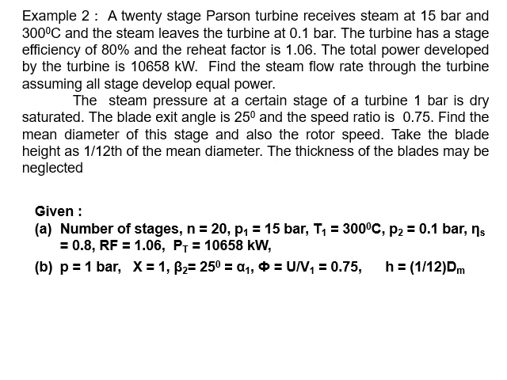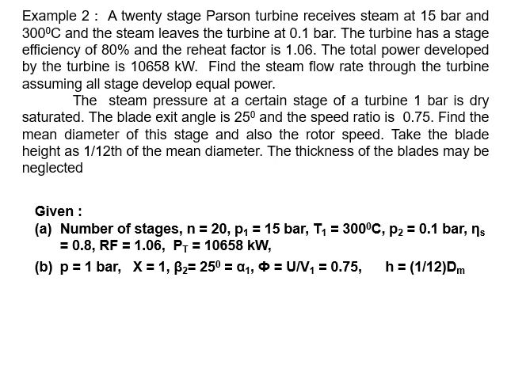In the second part of the numerical, the steam pressure at a certain stage is given, that is 1 bar, and dryness fraction is 1, that is a dry saturated steam. For that reason X value is equal to 1. The blade exit angle is 25 degree, so beta 2 is equal to 25 degree, that is equal to alpha 1, because according to the 50% reaction turbine, this is also called the Parsons turbine.